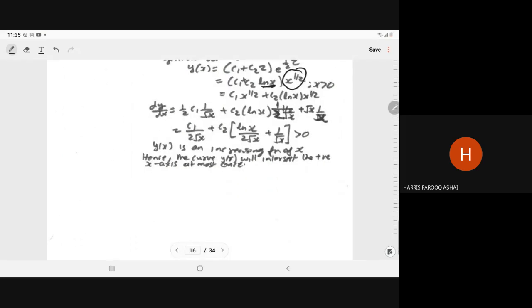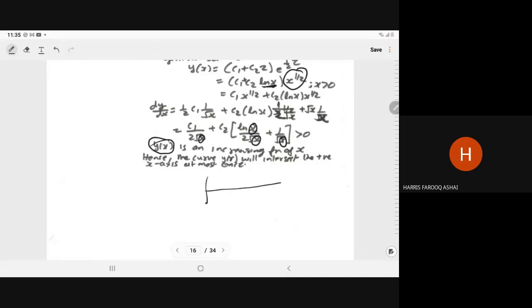So here we have x to power half. If you compute dy by dx, we have seen x is positive, so dy by dx is positive. When dy by dx is positive, it means y(x) is an increasing function.